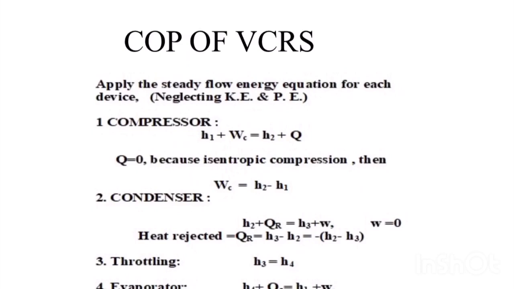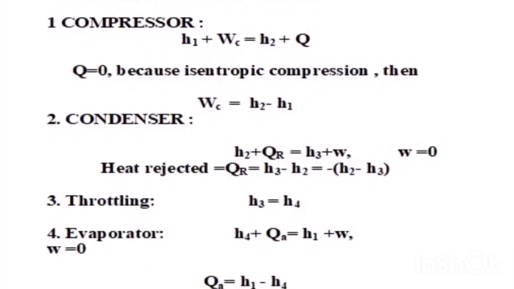At 1 we have enthalpy h1 plus we are giving some electrical work. So we take Wc, the compressor work, equal to the final point it reaches, point 2, where the enthalpy is h2, plus Q, the heat transfer in between. Okay. But in the ideal situation we assume that Q equals 0, so there is no heat transfer from the system to the environment. So the equation becomes Wc = h2 - h1.